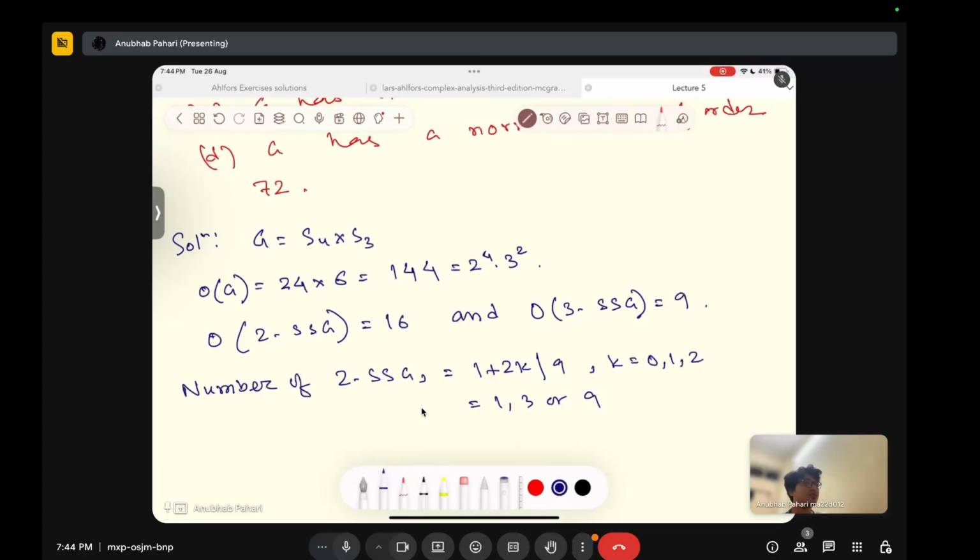So for k equal to 2, it is not possible, right? Because for k equal to 2 it would be, but k equal to 4 is possible.